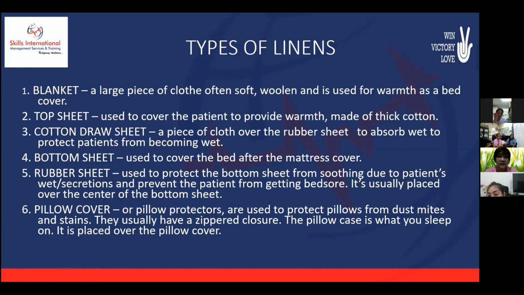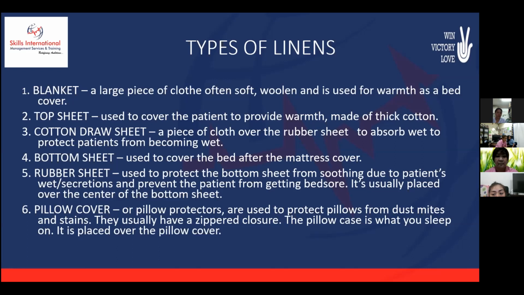Cotton draw sheet is a piece of cloth over the rubber sheet to absorb wetness and protect patients from becoming wet. Bottom sheet is used to cover the bed after the mattress cover. Rubber sheet is used to protect the bottom sheet from soiling due to the patient's sweat or secretions and to prevent the patient from getting bed sores.